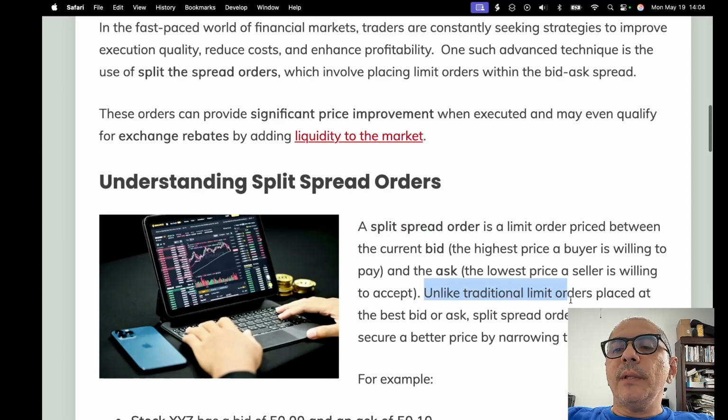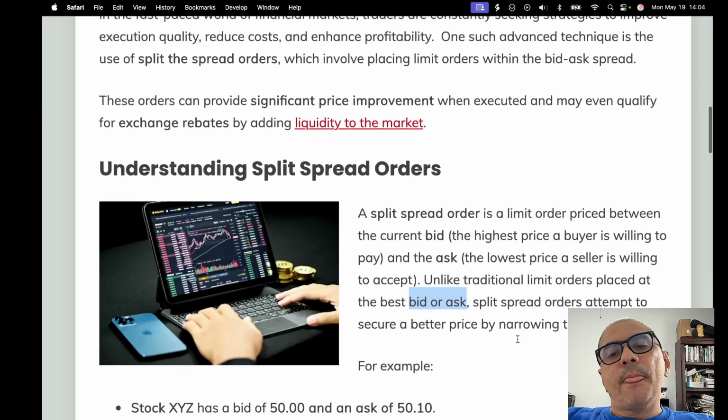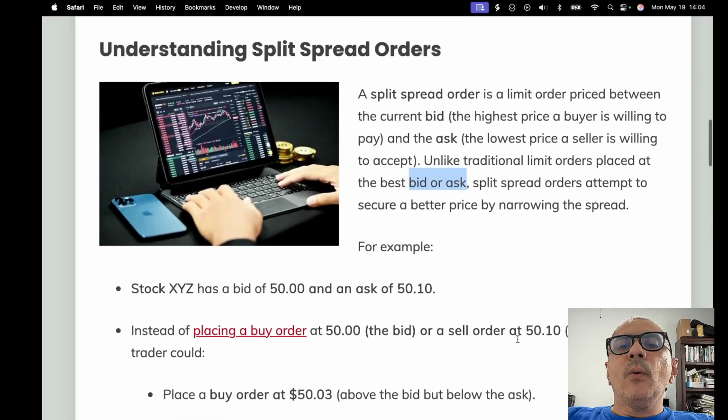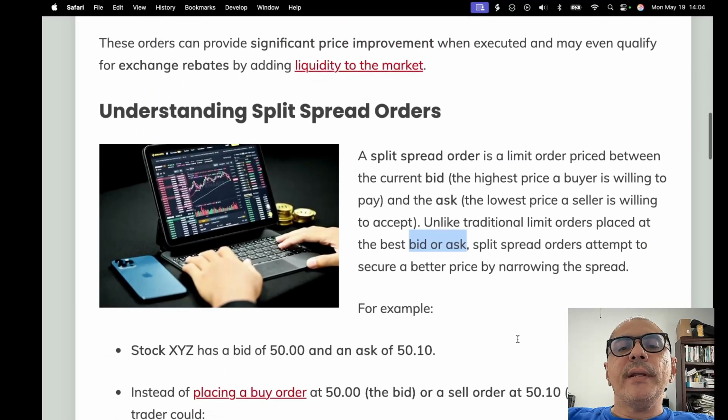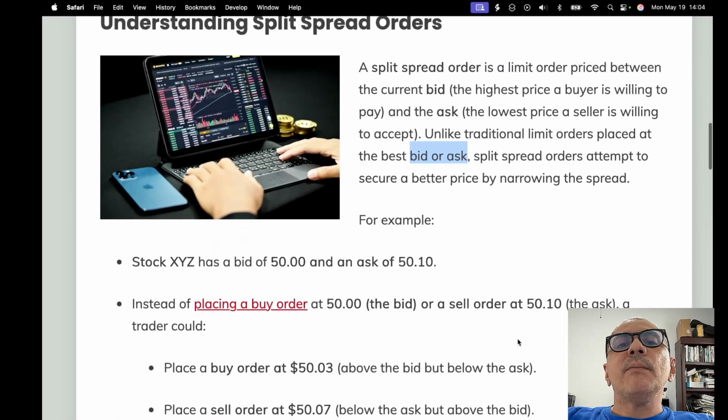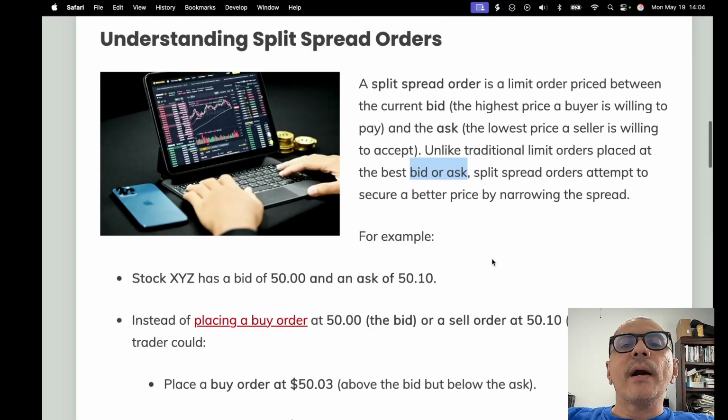Unlike traditional limit orders placed at the best bid or ask, split spread orders will attempt to secure a better price by narrowing the spread. Many people, especially when they begin trading, have the impression that you're required to place your orders either at the bid or ask, but that's not the case.